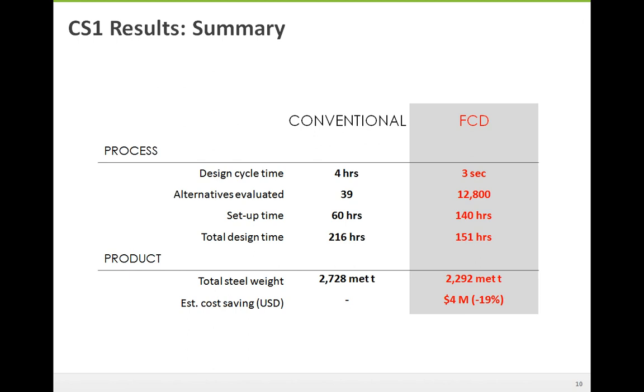The design cycle time in the computational technique is really just the amount of time it takes to run the finite element solver. The rest of the process proceeds very quickly. And in this case, we actually were able to parallelize the finite element analysis over a network of, in this case, 16 servers or so, and we could get that down to near real time.